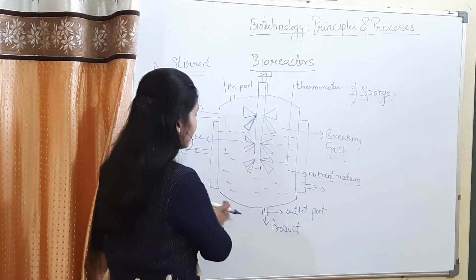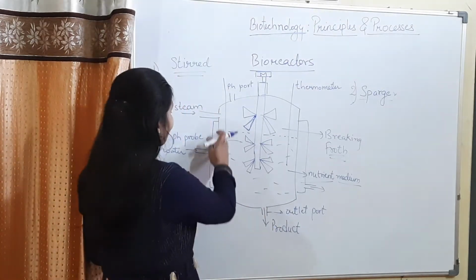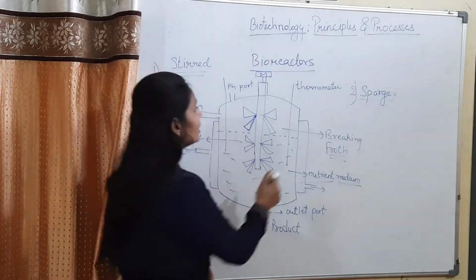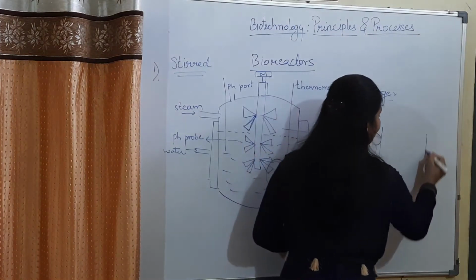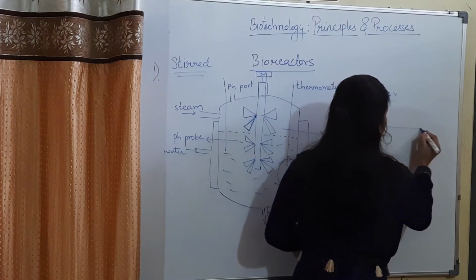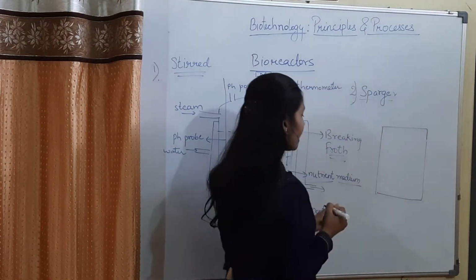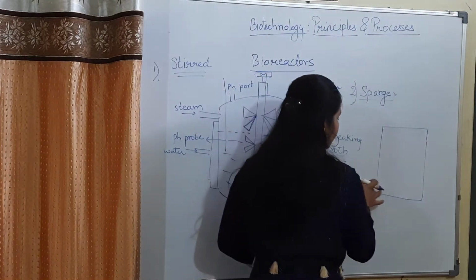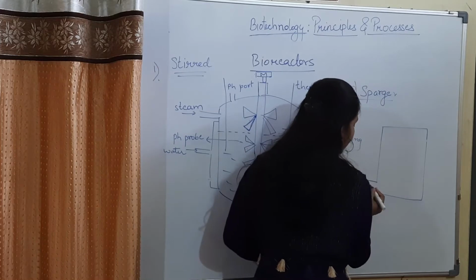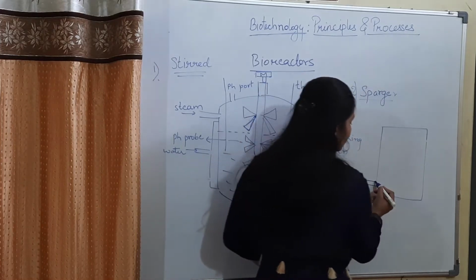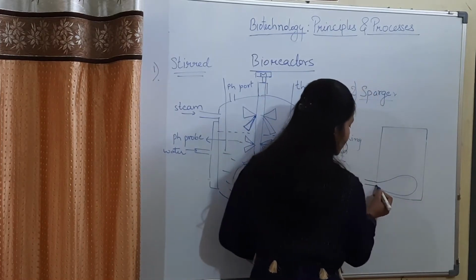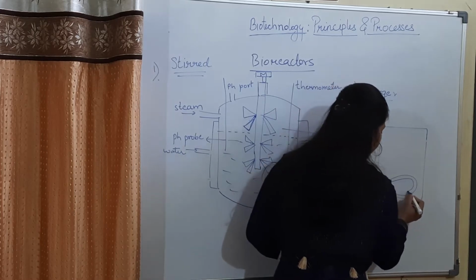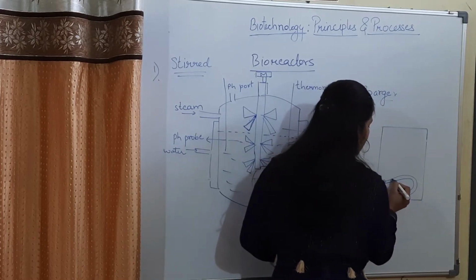Now it is curved from the bottom, but it is more or less rectangular in shape like this, and it has no water jacket. In fact, for air, it has a pipe connected here at the bottom. This pipe is curved from the inside like this. We have holes in these pipes.